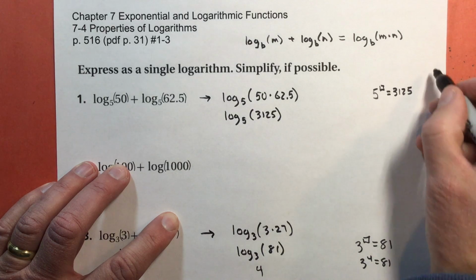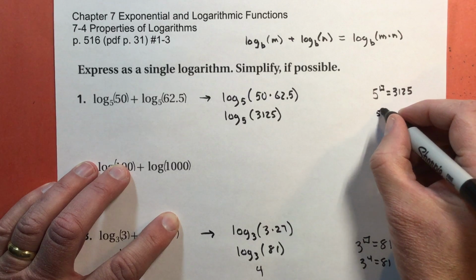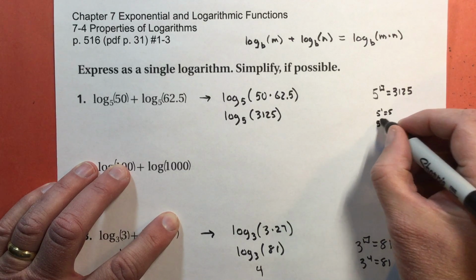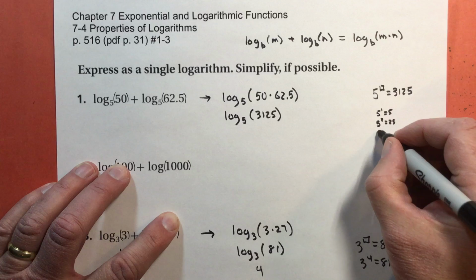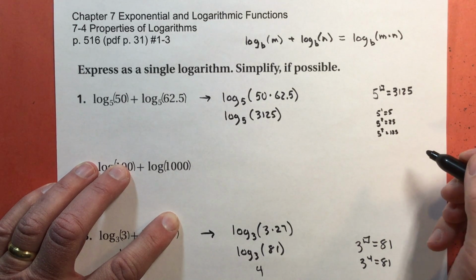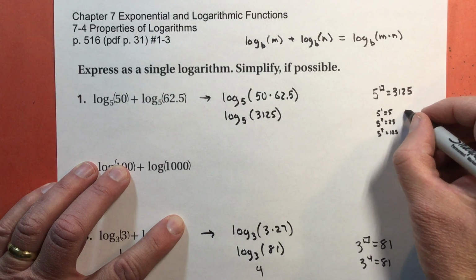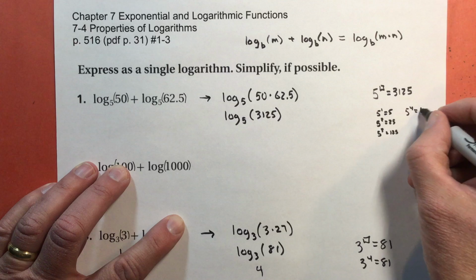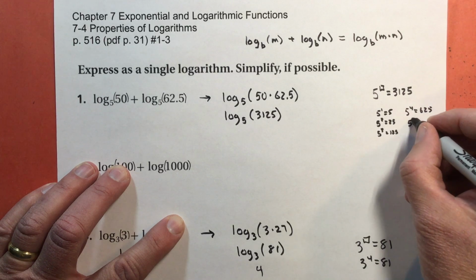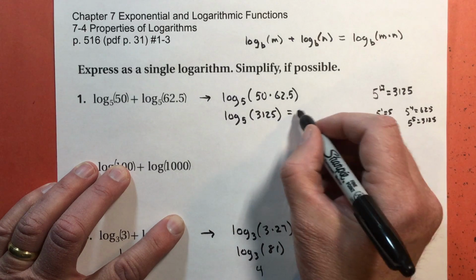So again, I'm just going to make a little list right here. 5 to the 1st power equals 5. 5 squared equals 25. 5 cubed equals 125. Man, it wouldn't be great if I had this written down someplace ahead of time. That was me being funny. 5 to the 4th power equals 625, and 5 to the 5th power, that's what I want, 3125. So this equals 5.